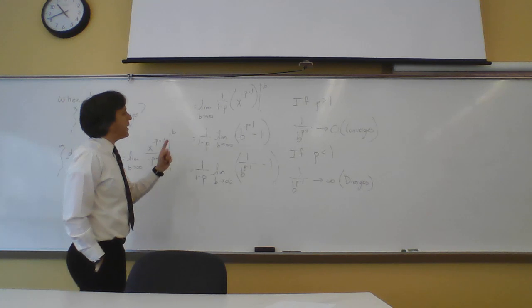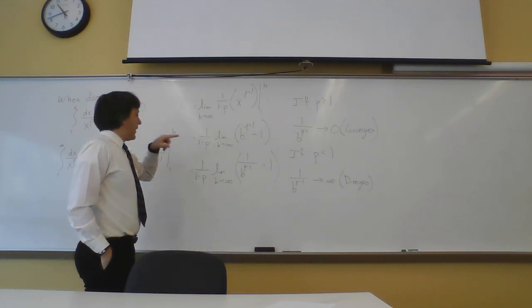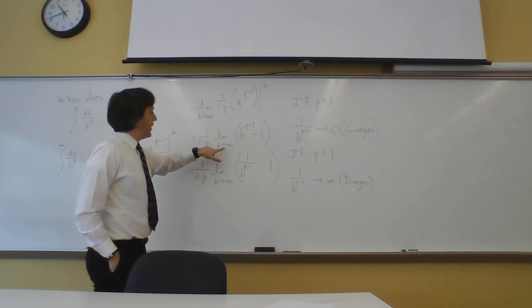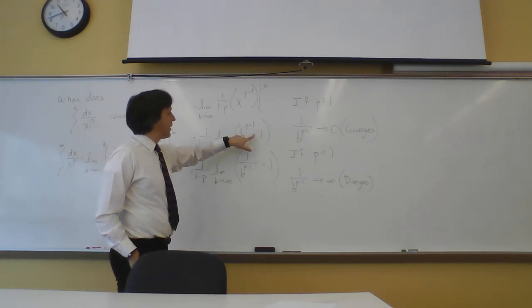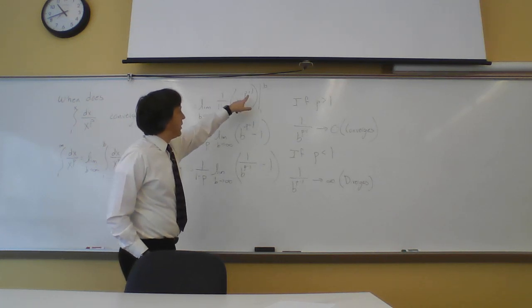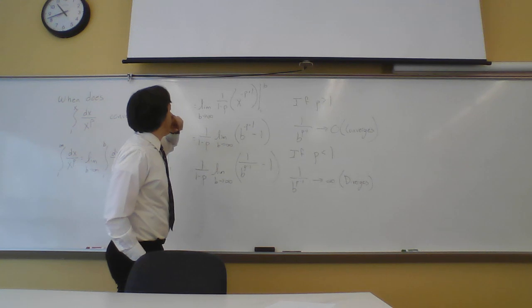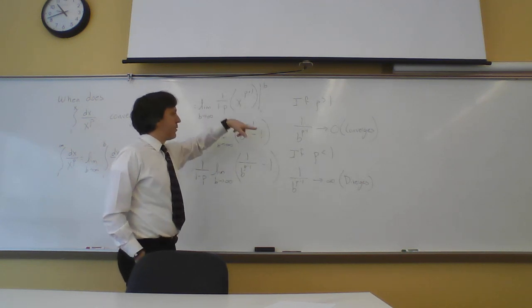If I plug in b and 1, again, remember for x, not for p is our constant, I get my 1 over 1 minus p limit, b goes to infinity, I get b to the negative p plus 1, and I get minus 1 because if you plug in 1, you get 1 because 1 to any power is 1.